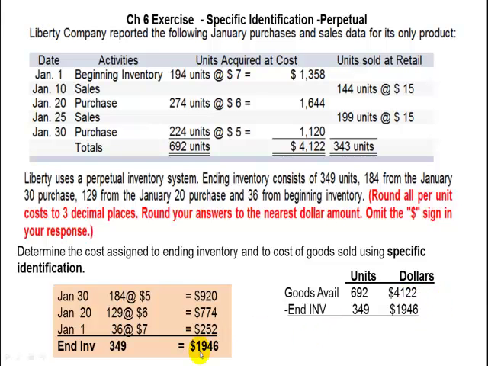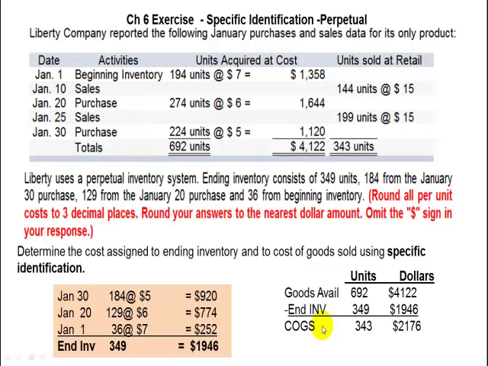And when you subtract off the ending inventory of 349 units at $1,946, you'll get the cost of goods sold, which would be $2,176.